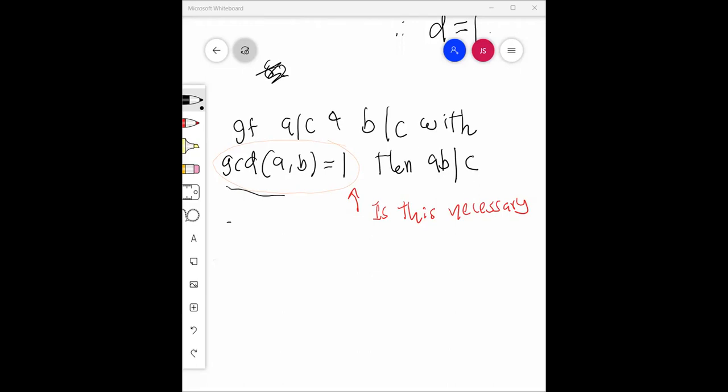Of course, B equal A, and it is not equal to 1. Then GCD(A, B) is equal to the absolute value of A, right? And which is not equal to 1. So then it is violating that condition, right?